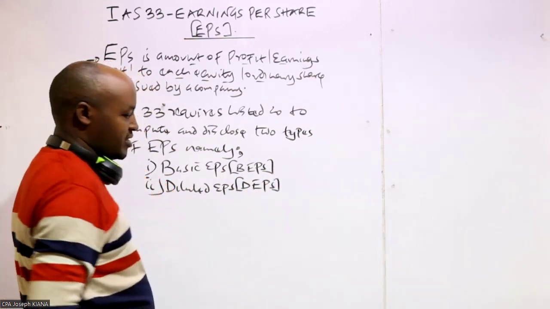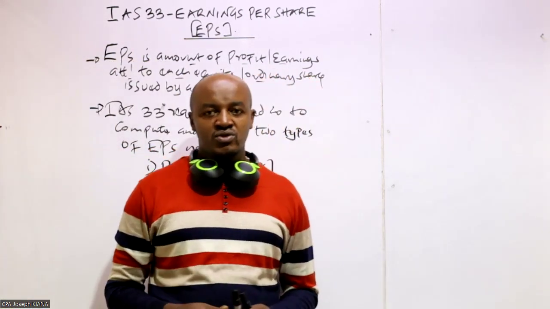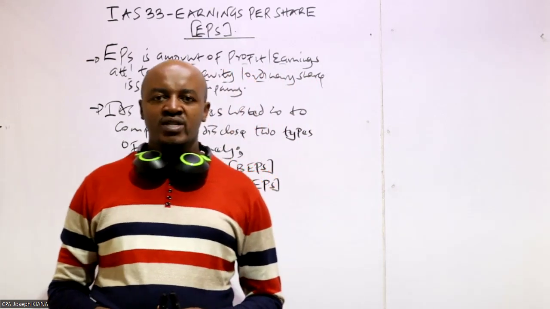These are the two types of earnings per share which listed companies are required to compute and disclose by International Accounting Standard number 33.